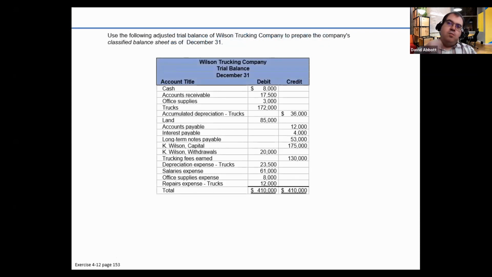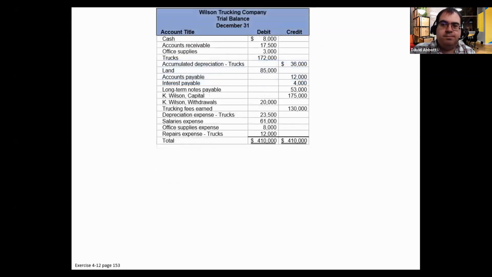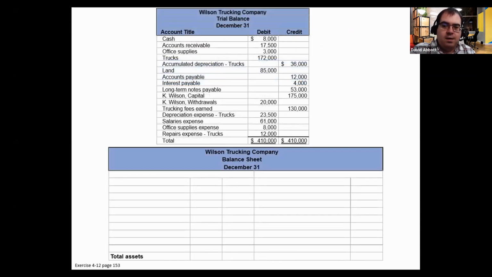Okay, so still looking at the Wilson Trucking Company, we'll go ahead now and prepare their classified balance sheet. So you have the assets on the left-hand side, and liabilities and equity on the right-hand side.